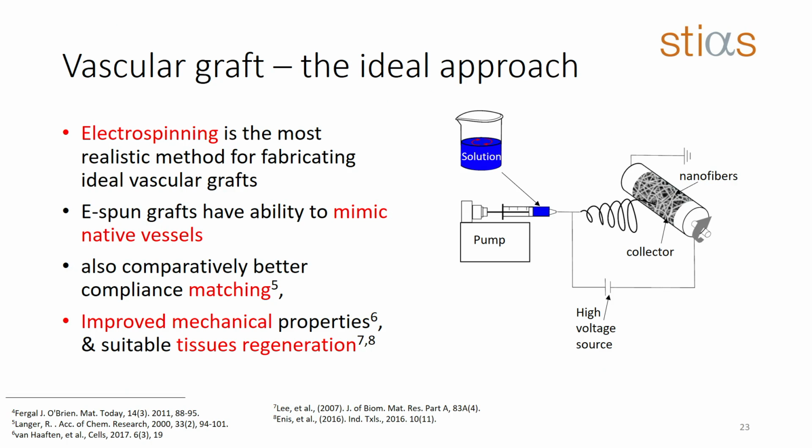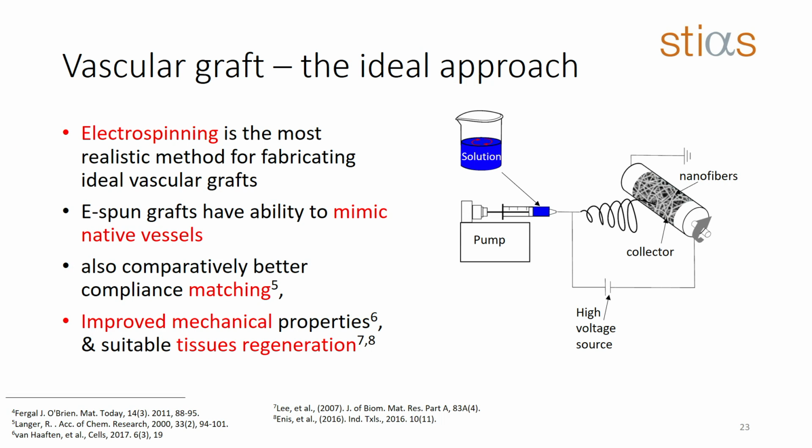Electrospun grafts have shown that they can actually mimic the native cells and the adjacent vessels. Therefore, if you look at the way they behave in these grafts, they compare much better in terms of compliance matching to the biological grafts. They have improved properties, for example, and much better tissue regeneration compared to the synthetic grafts. You can actually say that their properties are much closer to the autografts than the synthetic grafts are.